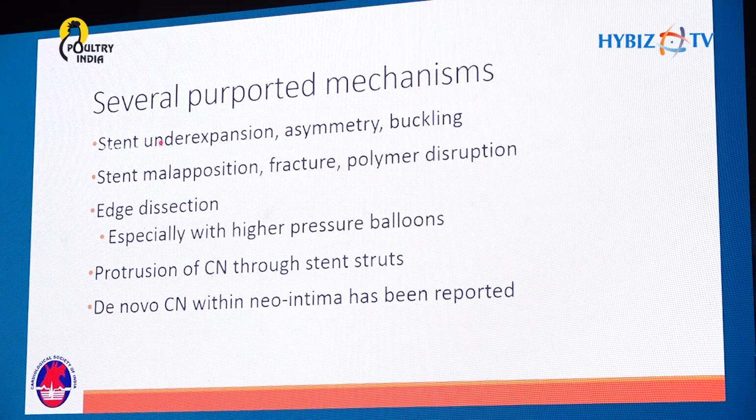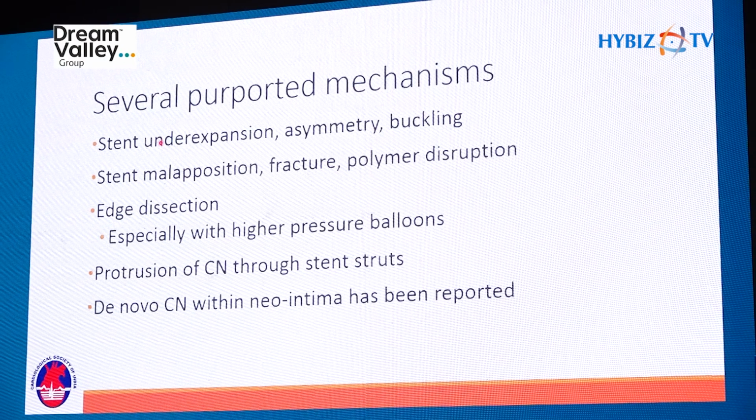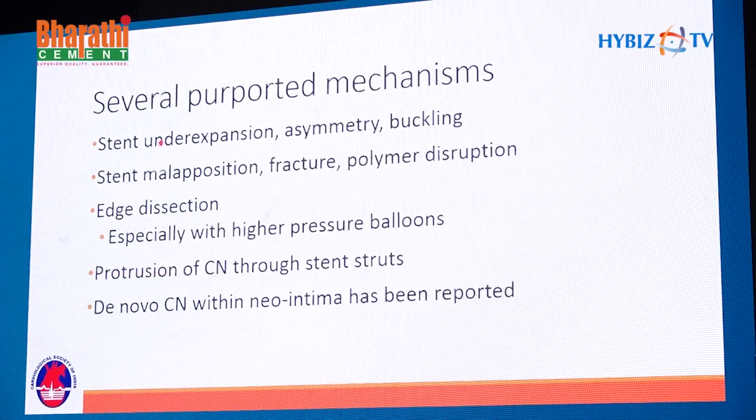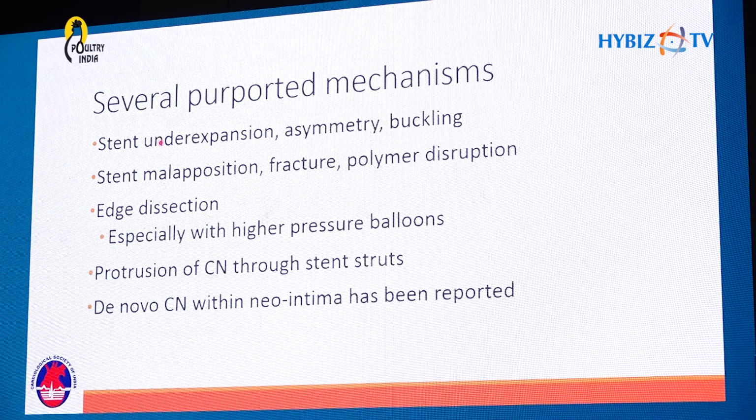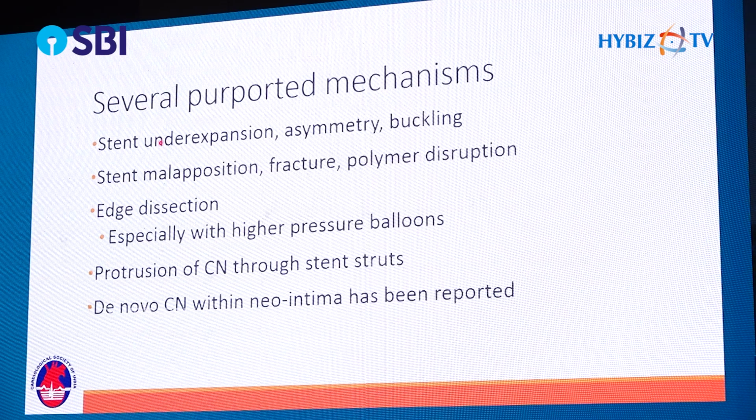So several mechanisms are purported. Stent underexpansion, that is the most important cause, or asymmetrical expansion or buckling of the stent. Stent malposition, which is very well known, and fracture of the stent, repeated fracture, not immediately but after some time. After the stent is deployed, the patient may present with ACS, and those patients may have a fractured stent.